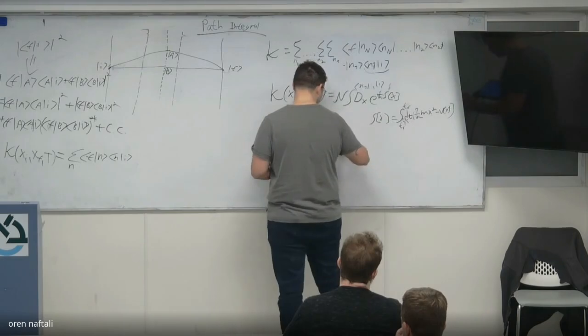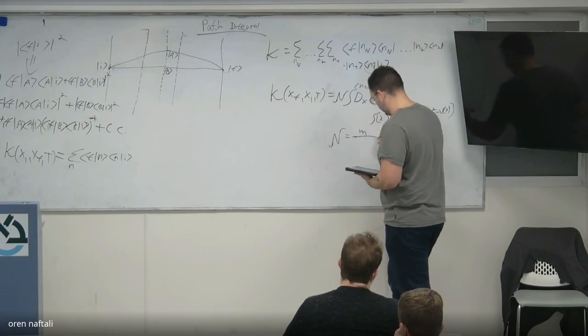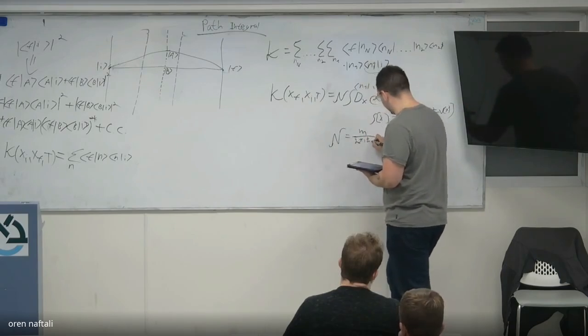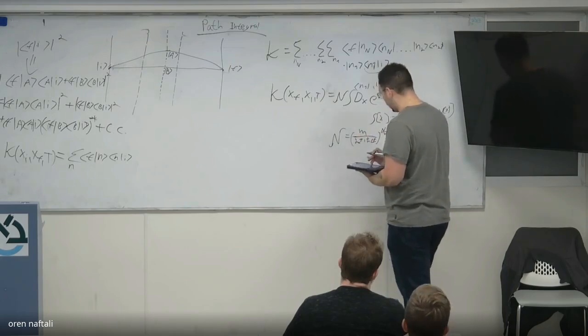And n equals m divided by 2 pi i h bar delta t to the n divided by 2.